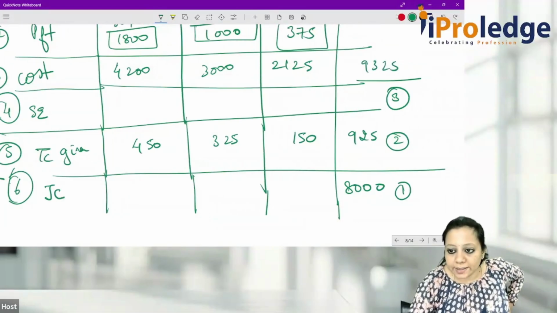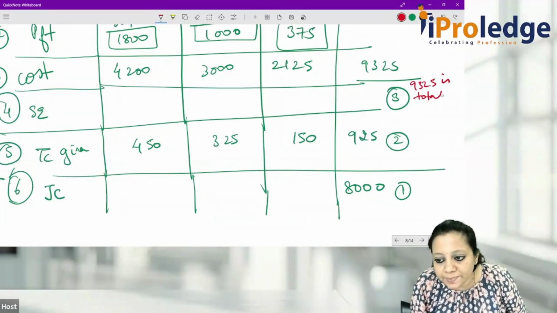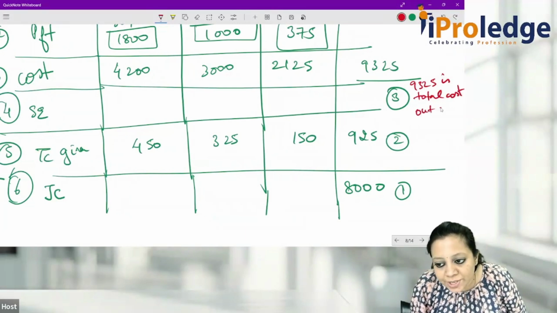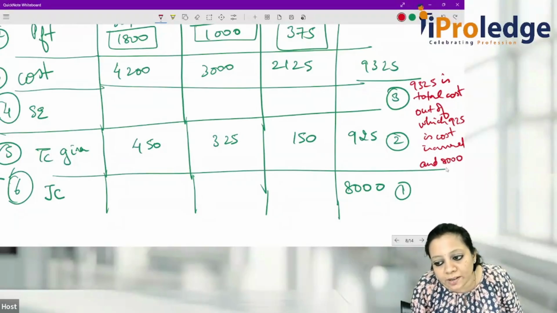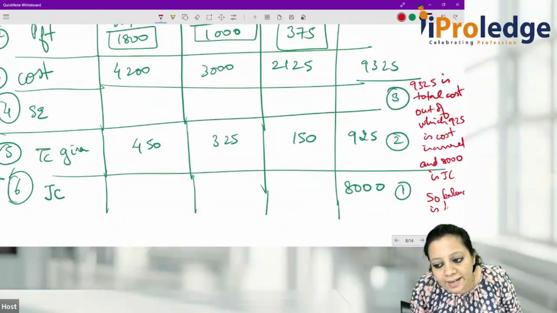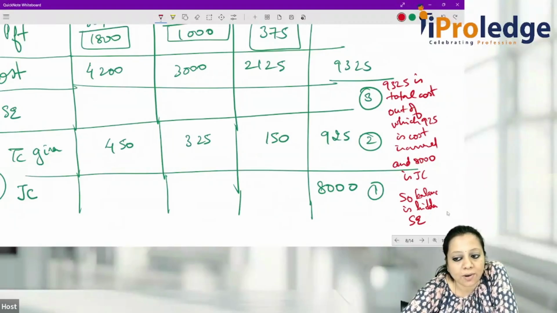Those of you who want, write this here. 9,325 is the total cost, out of which 925 is the cost incurred and 8,000 is the joint cost.